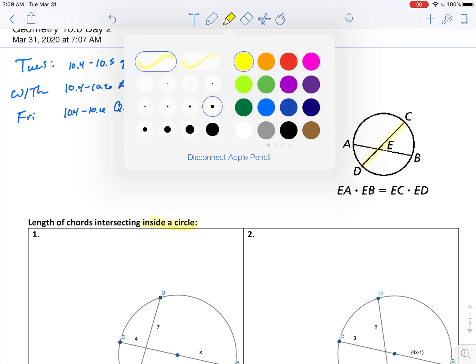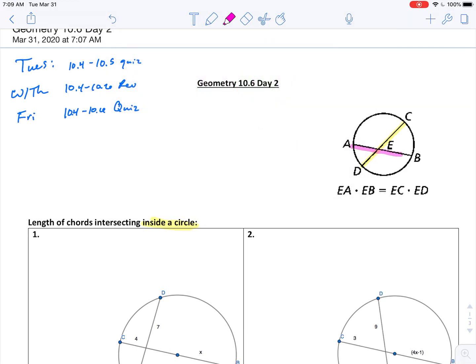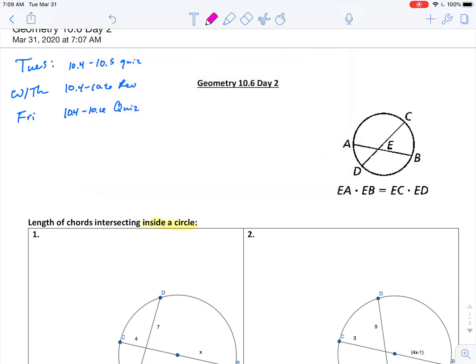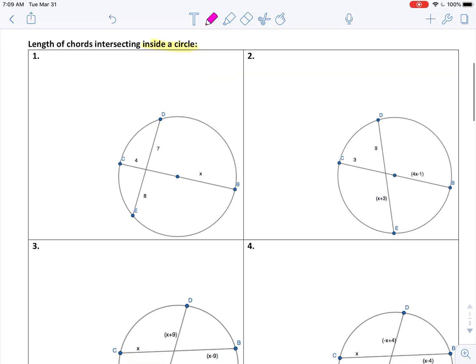So if you remember, when we were intersecting chords inside a circle, these are chords, CD is a chord and AB is a chord, because these are segments that have their endpoints on the edge of the circle. And again, anytime I'm intersecting chords inside a circle, we're going to stay within one chord here.